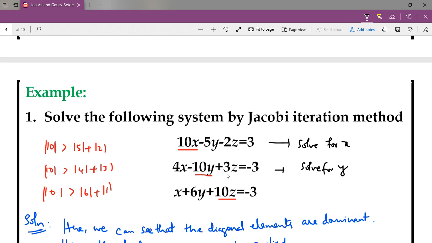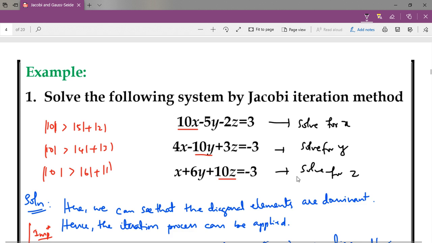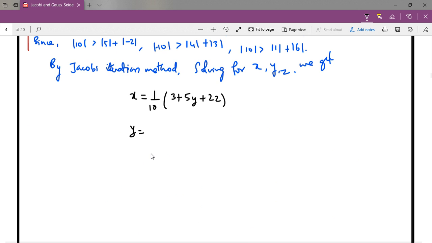So y is equal to 1 by 10 into 3 plus 4x plus 3z.